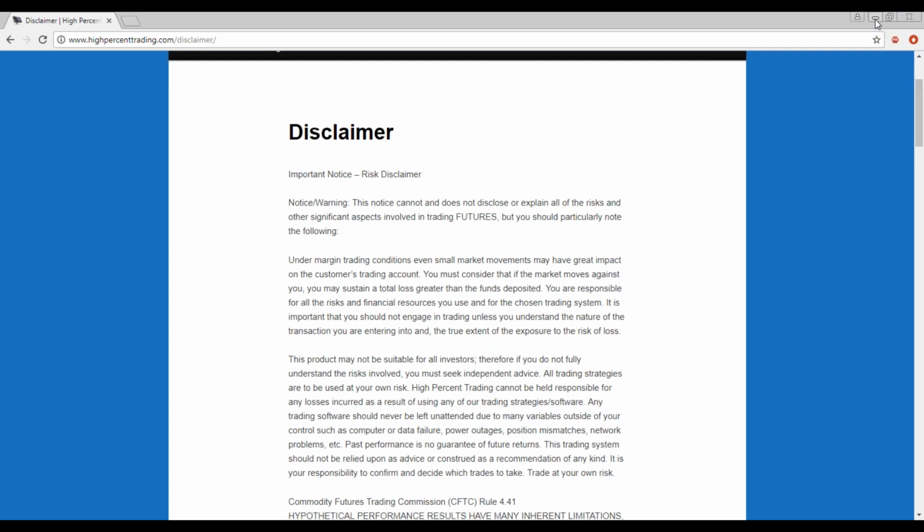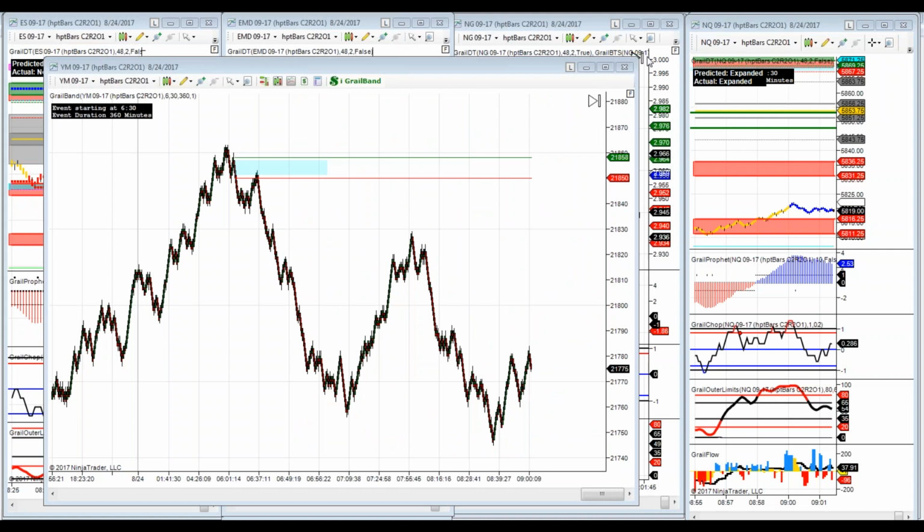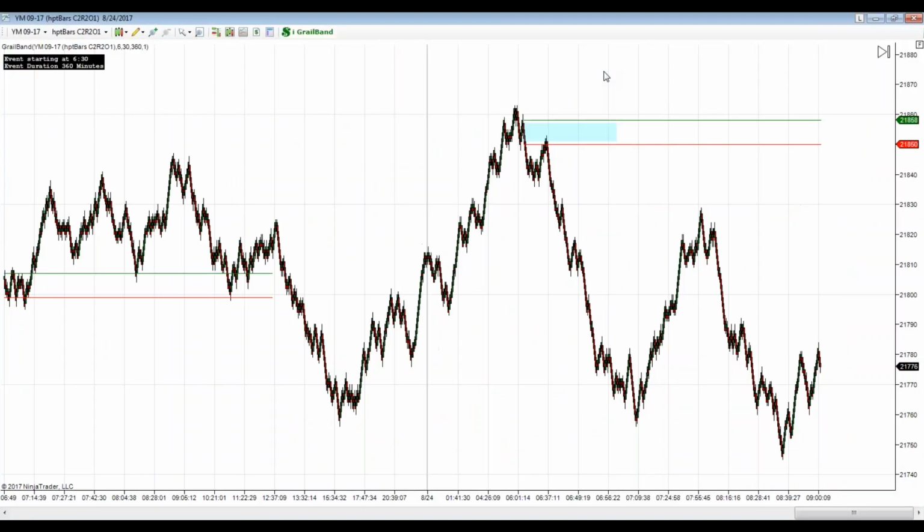So, as most of you know, you got your package sent out to you. That package included the following things. It included 3 new indicators. One of them is the Grail band, one of them is the Grail band arrows, and one of them is the flow.